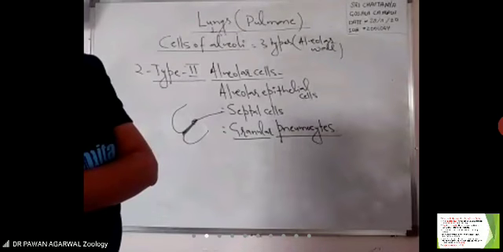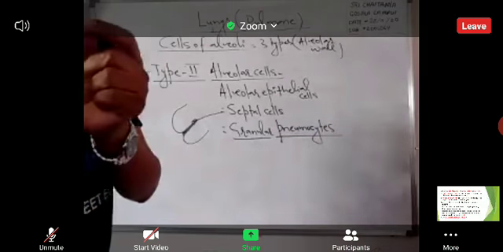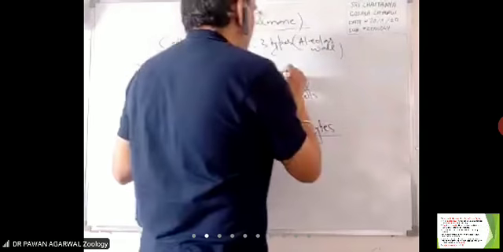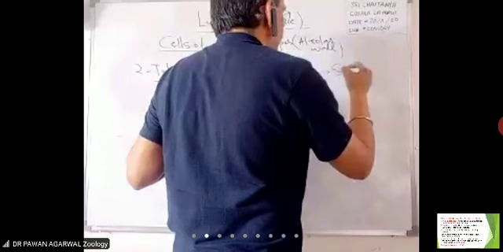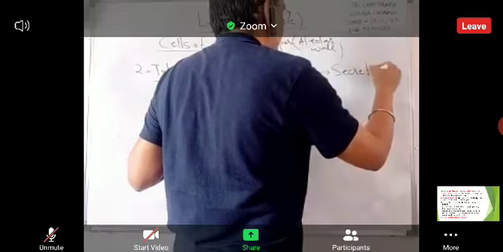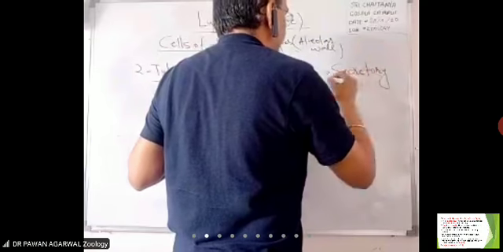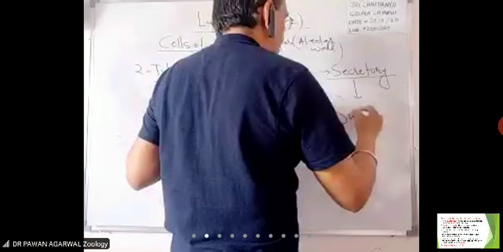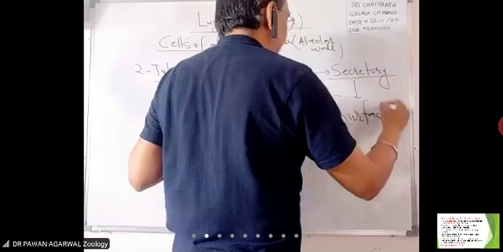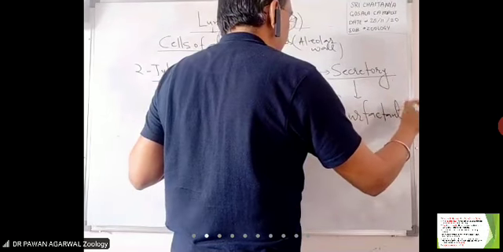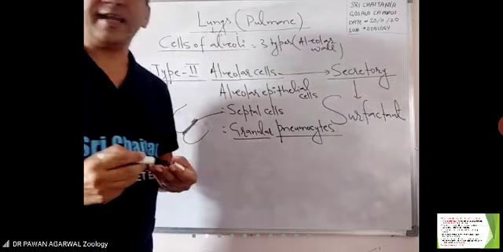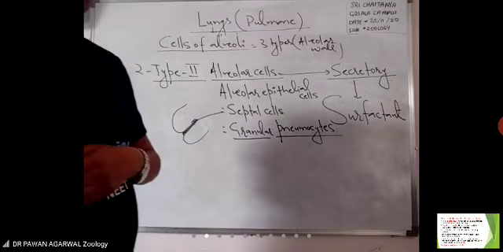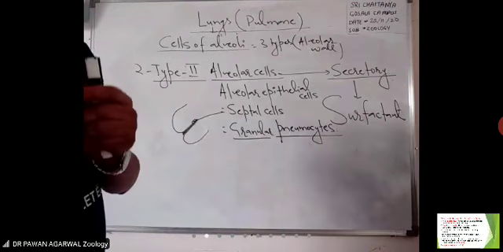And now I am coming to a very important point. The type 2 alveolar cells secrete a specific substance that is known as the surfactant.